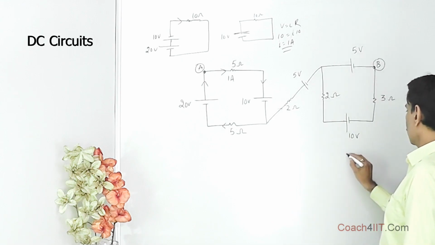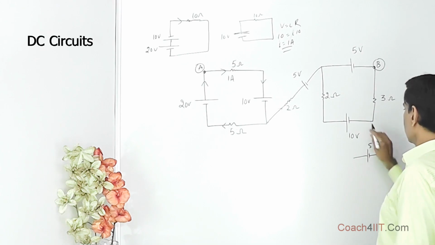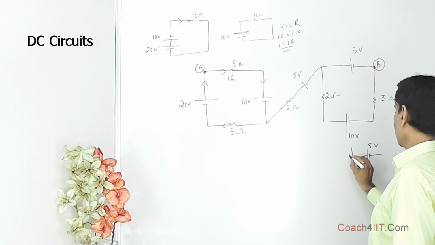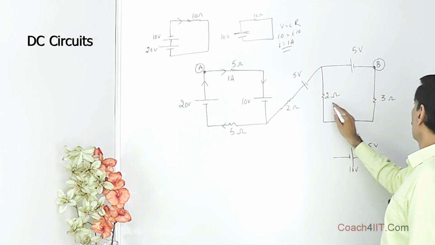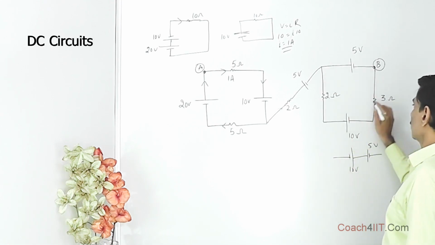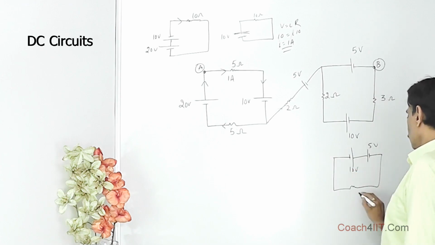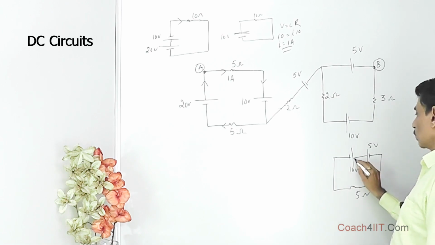If you look over here, this is a 5 volt battery, and when we shift this battery over here, it will be something like this. So this is a 10 volt battery. Once again they are working against each other. 2 and 3, these two resistors are once again in series, so this is a 5 ohm resistor. 10 minus 5, this is the stronger battery.